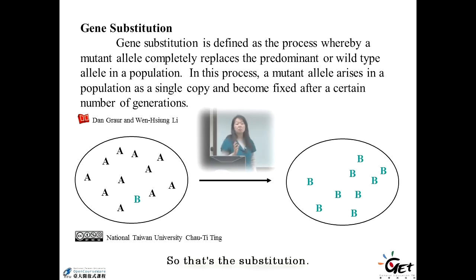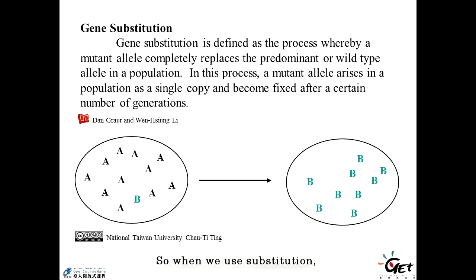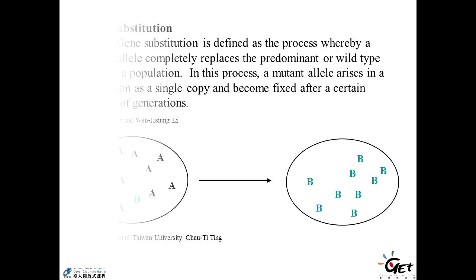So that's the substitution. When we use substitution, that means the complete replacement of that particular allele or particular site. At the DNA sequence level, sometimes we look at a particular nucleotide and talk about the substitution rate, which we'll use a lot from chapter 3. So this is something I want to make a clear definition of here.